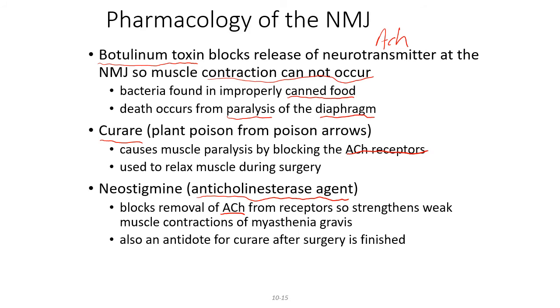And it can be used as a process to increase muscle contraction in diseases like myasthenia gravis. And then it'll also reverse the effects of a paralytic that is causing blocking at the receptor level.